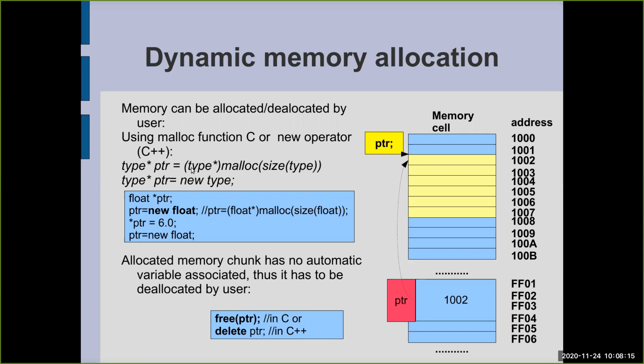If we want to allocate memory in C, not C++, there is a function called malloc, so memory alloc, and inside as an argument we have to define size of given type in bytes.